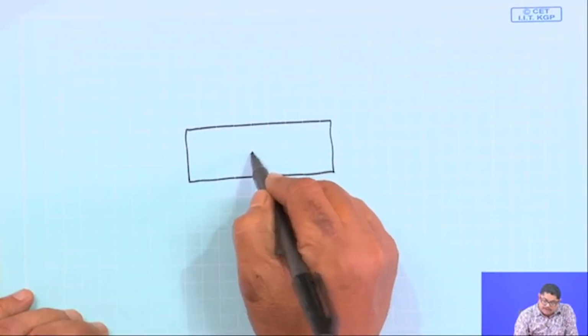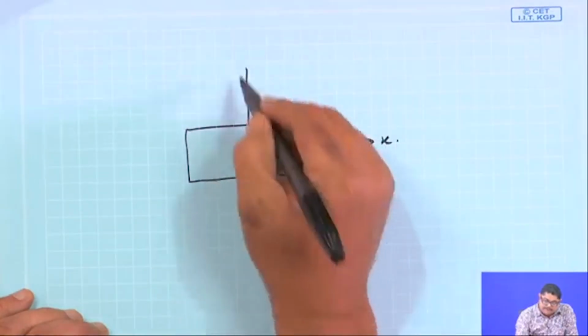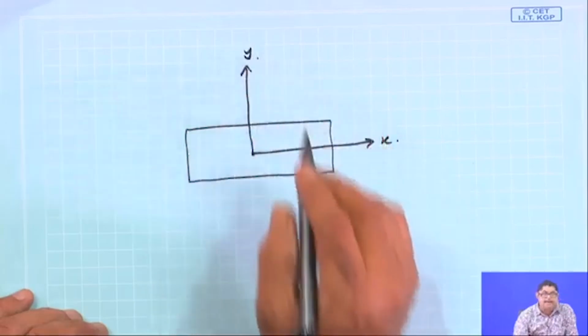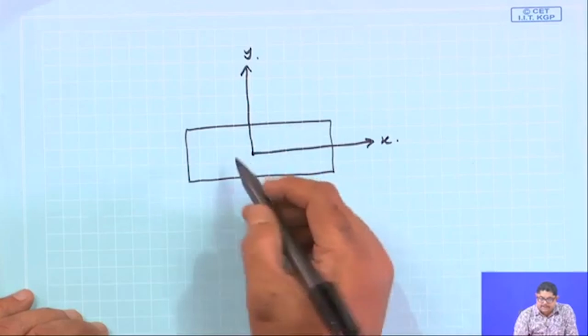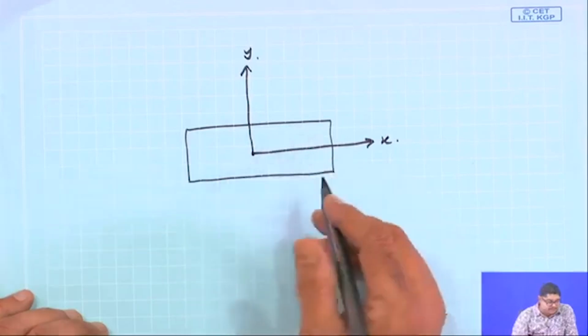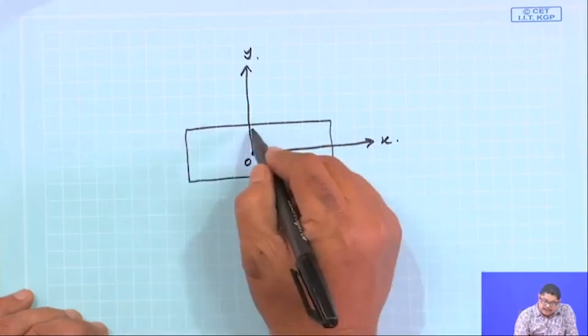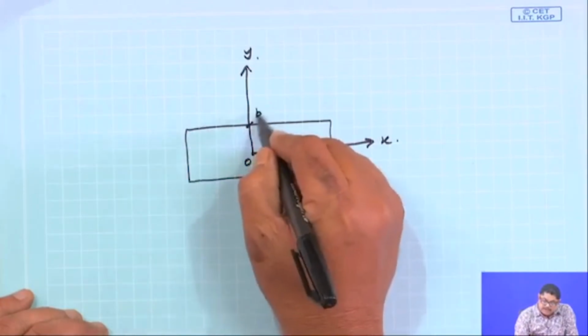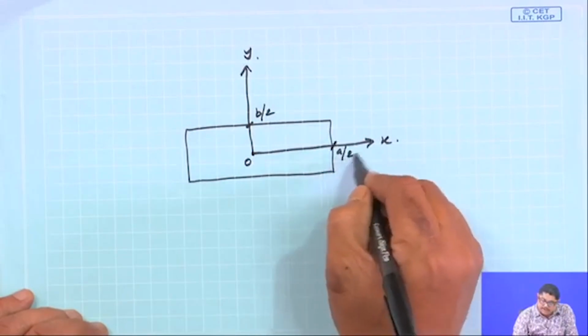So, let us say that in the xy plane the aperture is there, that is the z equal to 0 plane, and let us say that this point is b by 2 and this point is a by 2.